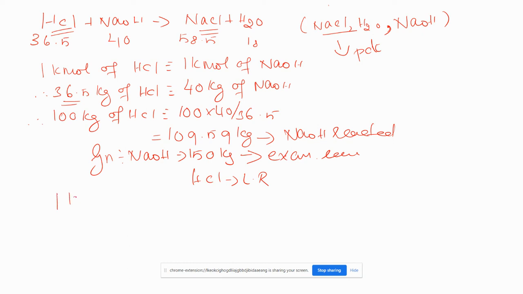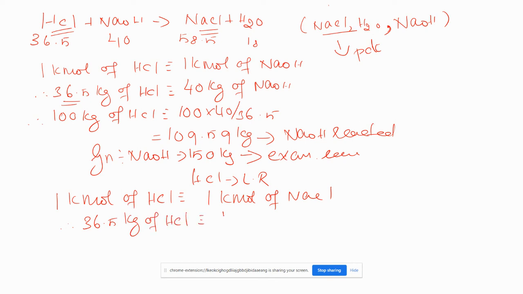For finding the amount of NaCl produced, we have to write the relationship between HCl and NaCl. So 1 kilomole of HCl is equivalent to 1 kilomole of NaCl. Therefore we have to write the molecular weight: 36.5 kgs of HCl is equivalent to 58.5 kgs of NaCl.